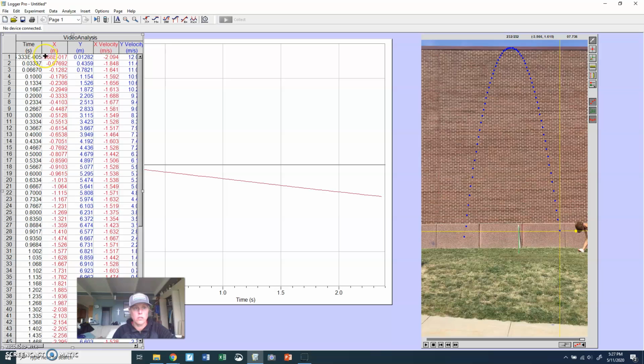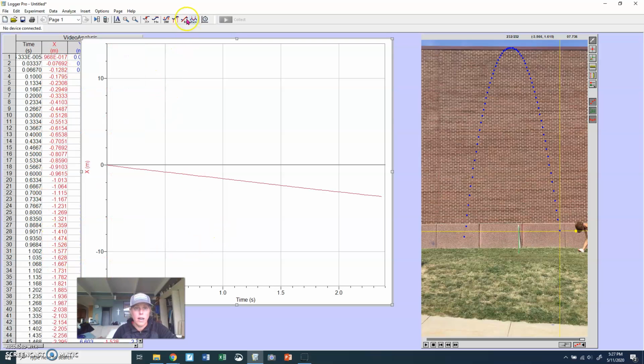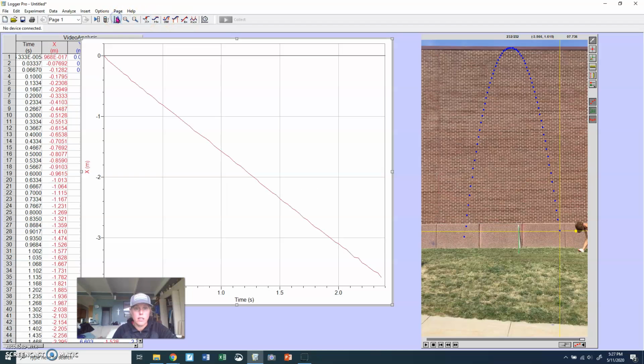So this is really close to 0, 0. And then the next one, all the x's are going to be negative. Why is that? Well, positive x is to the right, so it's moving to the left. Negative just means it's moving to the left.